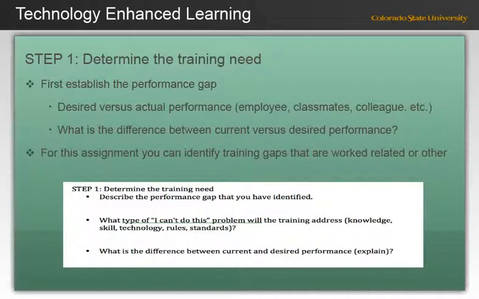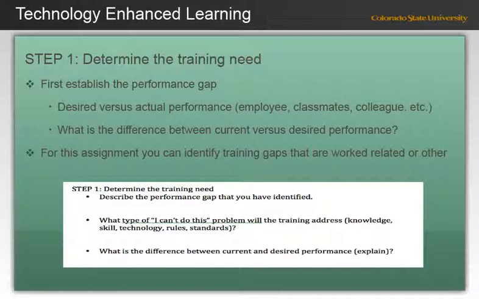So in step 1, you want to determine the training need. You want to find a performance gap. It's the desired versus the actual performance of maybe one of your employees, maybe a classmate, a colleague. And for this assignment, you can identify training gaps pretty much anywhere. What I want you to do is find something that's relevant to you.